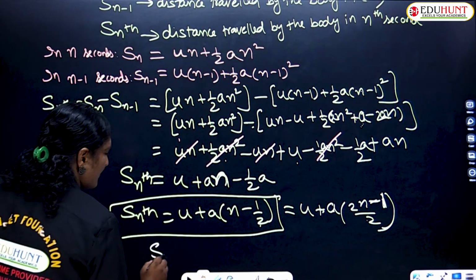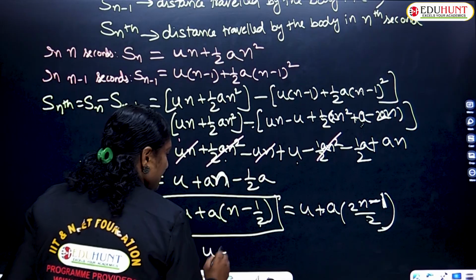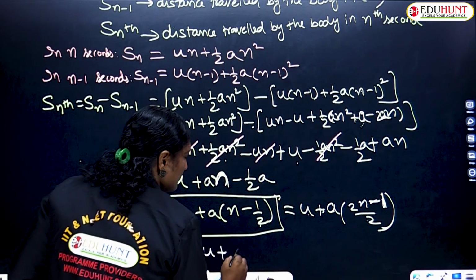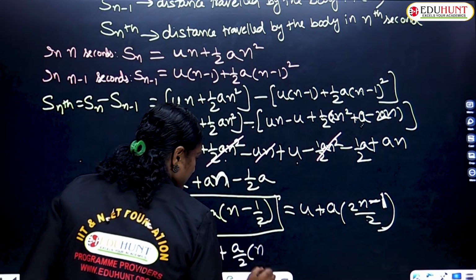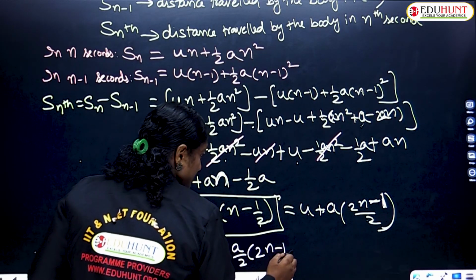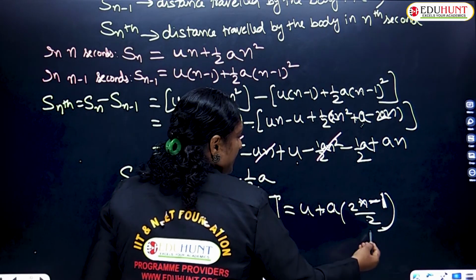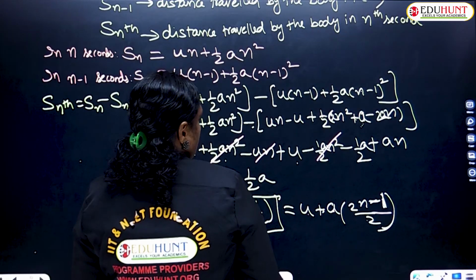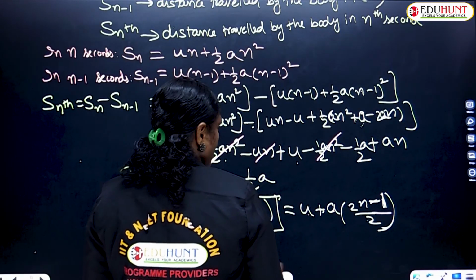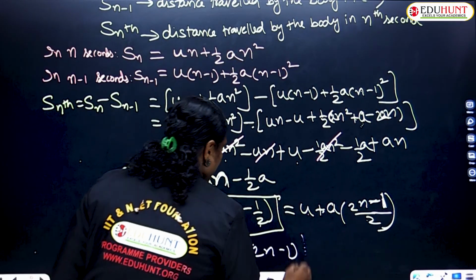Hence the value of Sn is equal to u plus a by 2 into 2n minus 1.